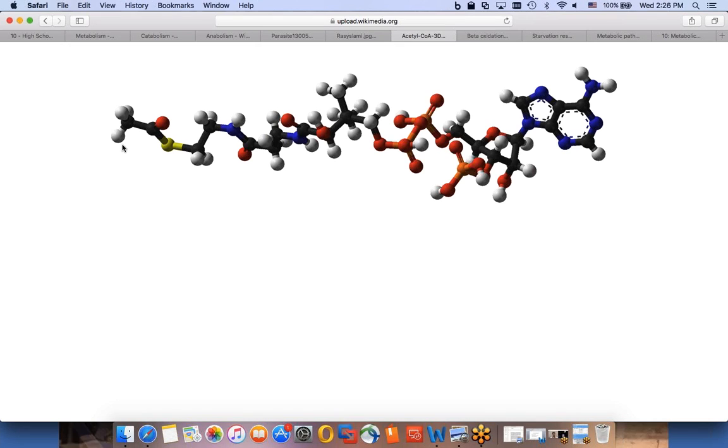Okay, it makes sense. And look at this. I don't know if you can see this, but doesn't this look familiar? This looks kind of like the adenine. It looks kind of similar to the ATP molecule. You have these rings. This one here is the ribose sugar.